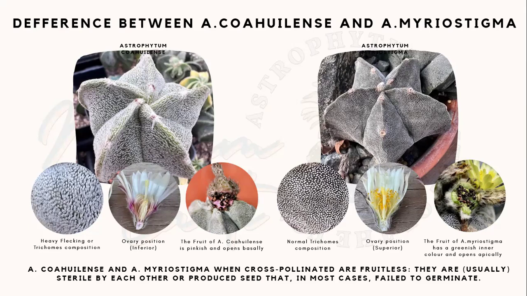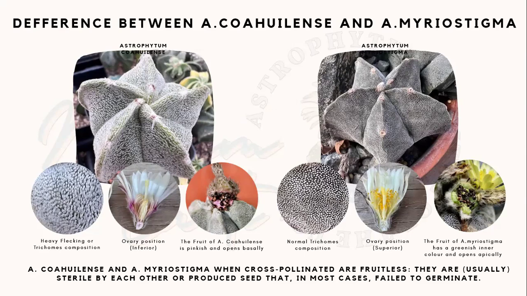It is superior because the petals start just right there, and then the petals are here. While with coahuilense, there is a gap. So this is the ovary, and then the petal starts here. The ovary is seated kind of at the base of the flower.